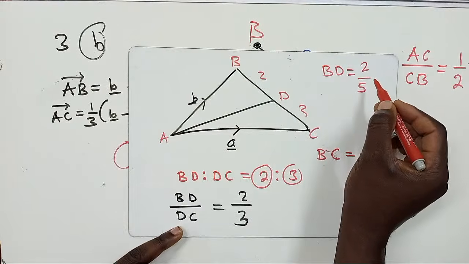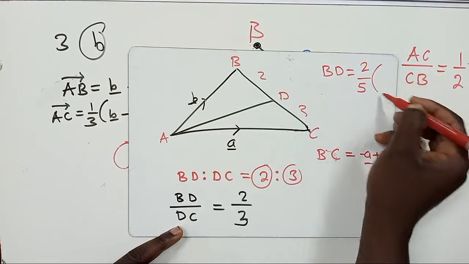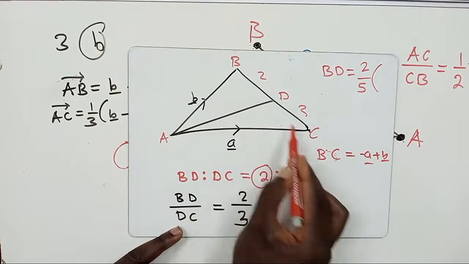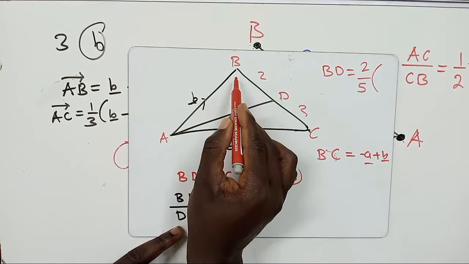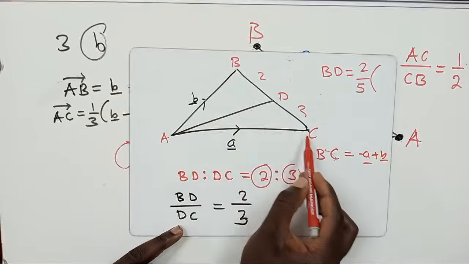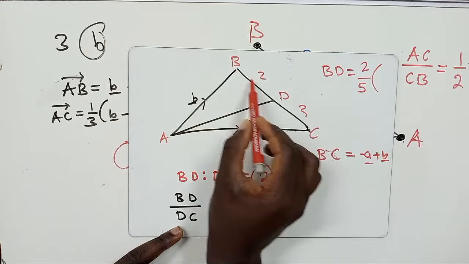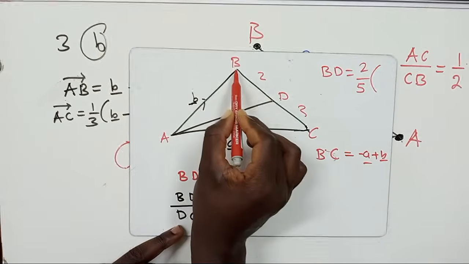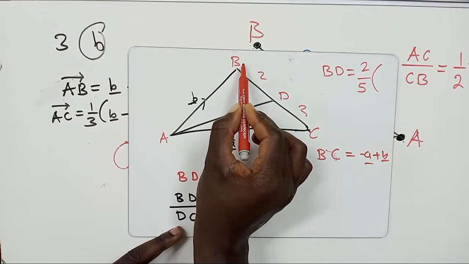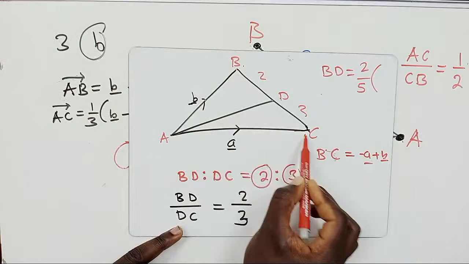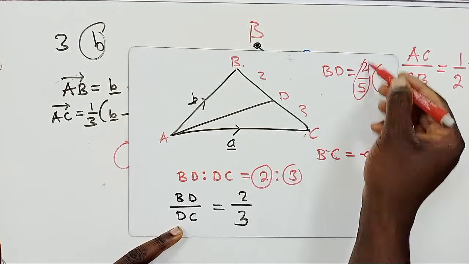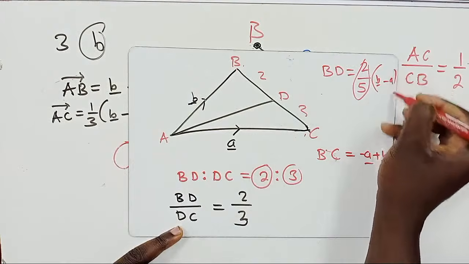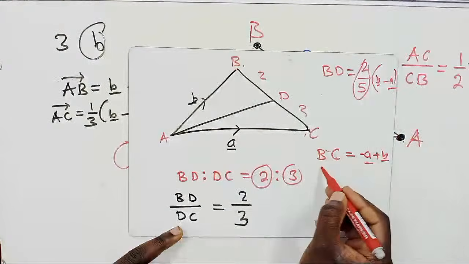So you put a 2 on top, okay? Because we're looking for BD, we take the entire vector from B to C and multiply it by this ratio, okay? So it will be B minus A. The BC we found right here.